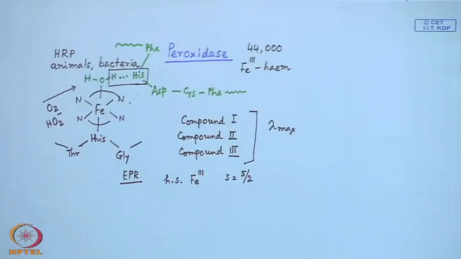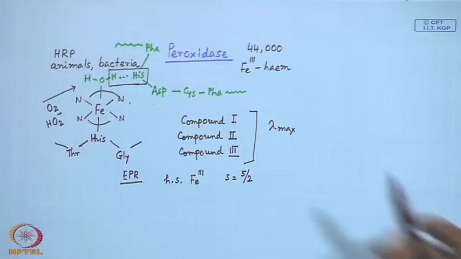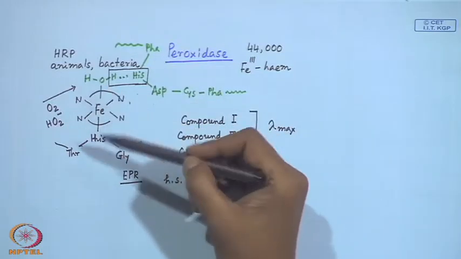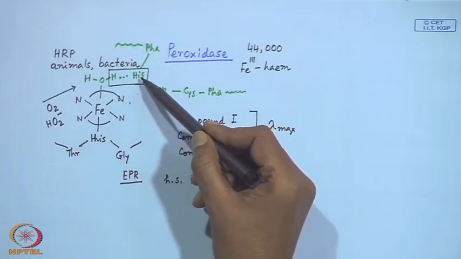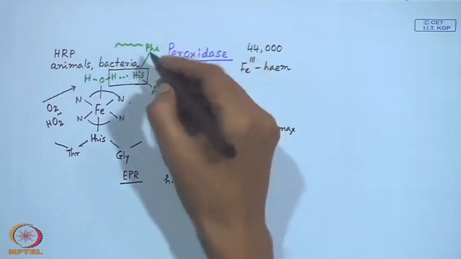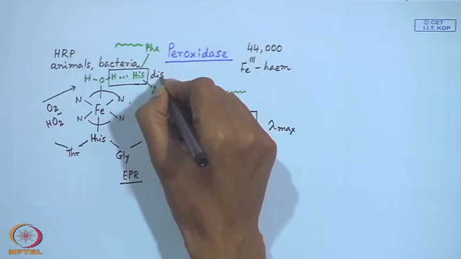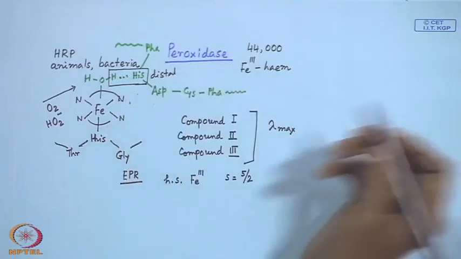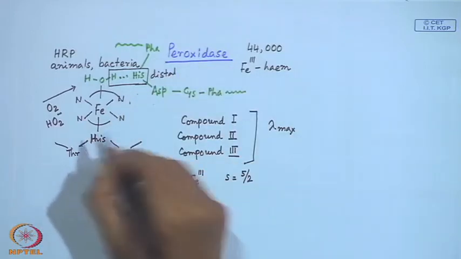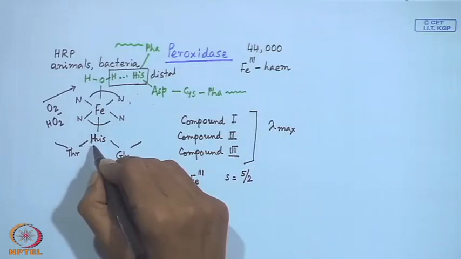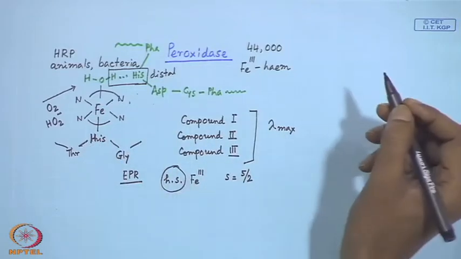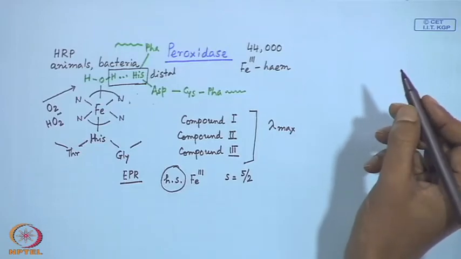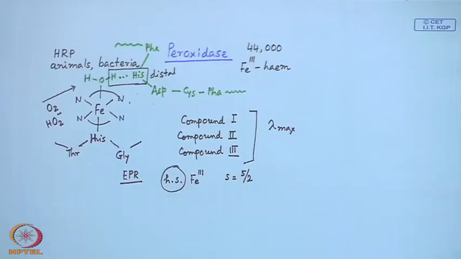That means it is not that all the time it is bound to your water molecule or bound to your histidine. This histidine is a different histidine, which we also know as the distal histidine. And this coordinated histidine also plays an important role to give you an arrangement for the iron site, whether it is high spin or low spin.